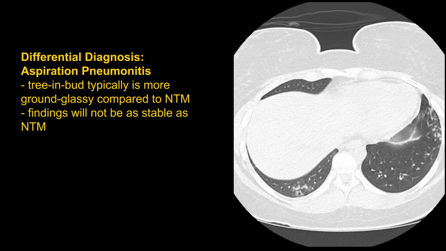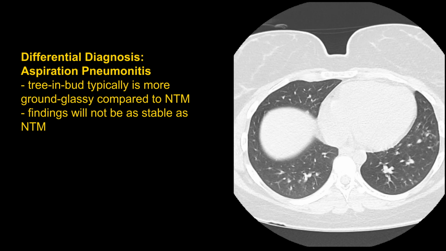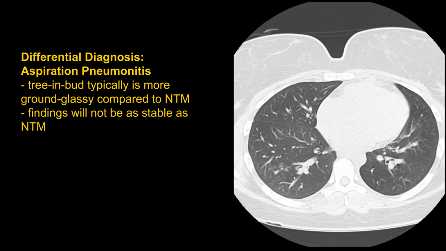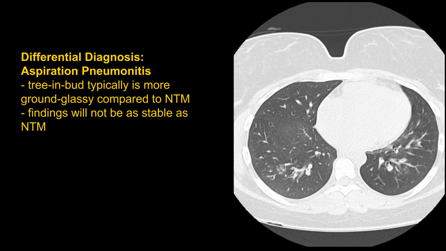Usually from one scan to the next, a patient with recurrent aspiration will have tree and bud opacity in different areas of the lung, whereas in a patient with NTM, the tree and bud opacity is frequently in the exact same position as it was on the prior study. So this patient might have lower lung predominant tree and bud, but rather than it being in this location, it might be in the lung right next to it. So those are some ways you can differentiate chronic recurrent aspiration from NTM.